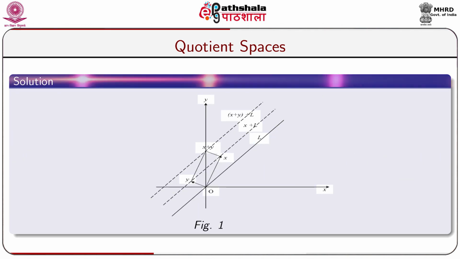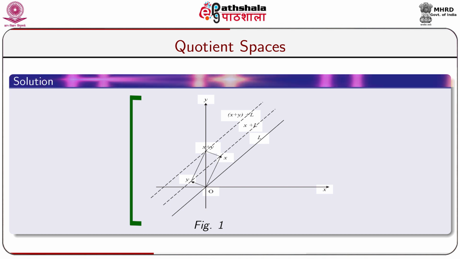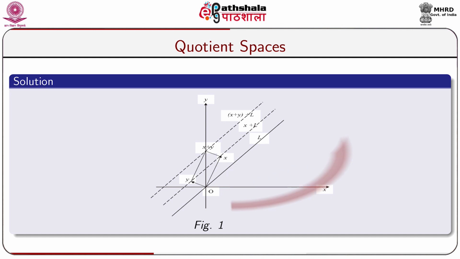Now, let us take a figure in the Euclidean 2-dimensional plane. Now, we have taken the x axis and y axis, and L is a straight line passing through the origin. Now, let us take any point x, and the line passing through x and parallel to the straight line L is designated by x plus L.